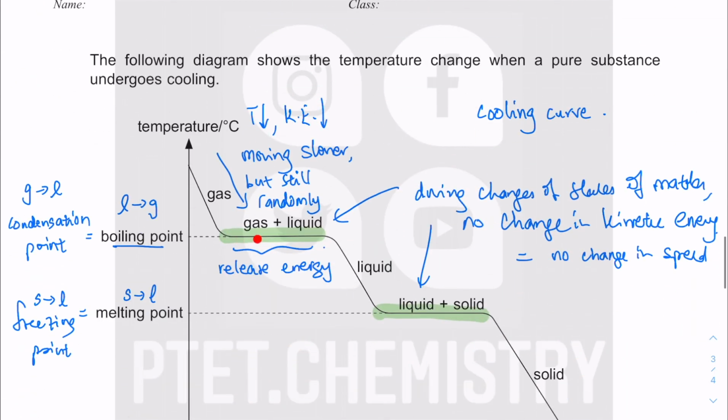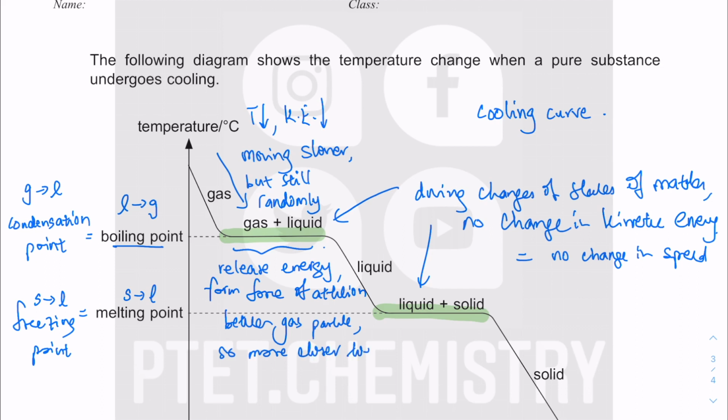Here you are making the gas particles closer together, so therefore you form forces of attraction between the gas particles, so they move closer together. That's why the important idea here really is release energy, because this is cooling, so you release energy. You don't require energy, you will release energy.